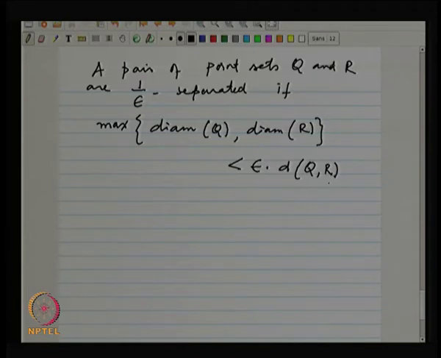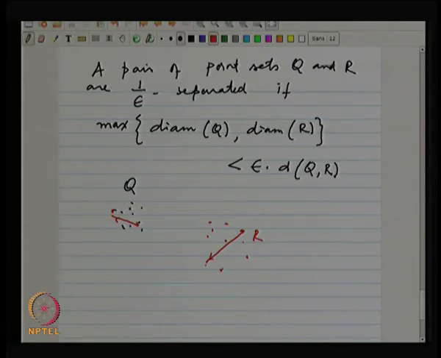You remember I have defined the distance between 2 point sets Q and R. Right. So, geometrically what this means is that I have some point set Q, I have some point set R, both define some kind of diameter, maybe these are the 2 points that are furthest apart and these are the 2 points that are furthest apart. Right.